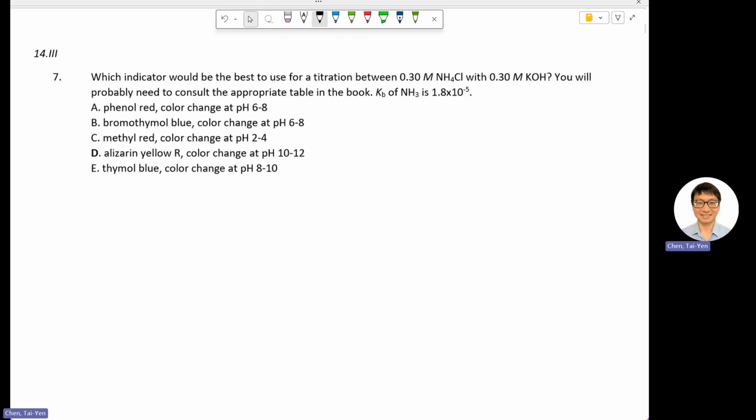Okay, so when I see these questions, first you need to ask yourself, who is the titrant, who is the analyte? The titrant will be KOH, right, the strong base. That means your analyte will be a weak acid, NH4Cl. Okay.